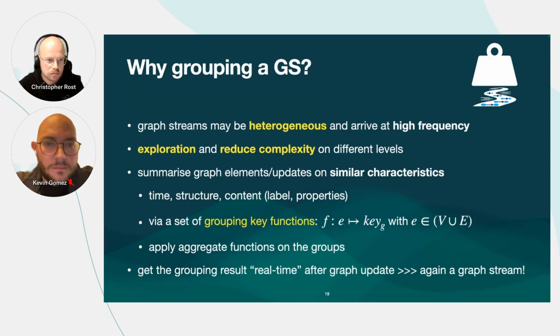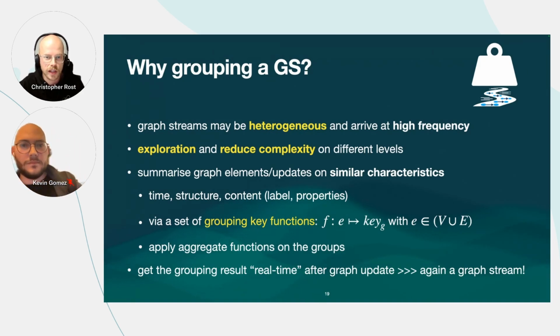So why is grouping a graph stream useful? Graph streams may be heterogeneous. Imagine we have hundreds and hundreds of labels in our graph, and they arrive at a high frequency. So it is powerful for exploration and to reduce the complexity of our graph stream in general.